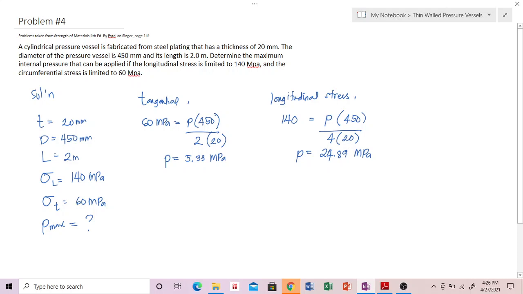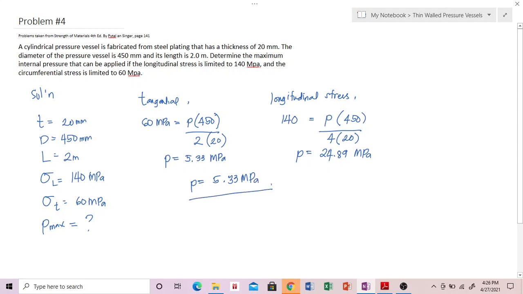While yung tangential, ang kaya niya lang i-accommodate na load is only 5.33 megapascal. So, pag pinili mo tong 24.89, hindi kayang i-resist when it comes to or considering tangential stress. So, the final answer here is the internal pressure is 5.33 megapascal.